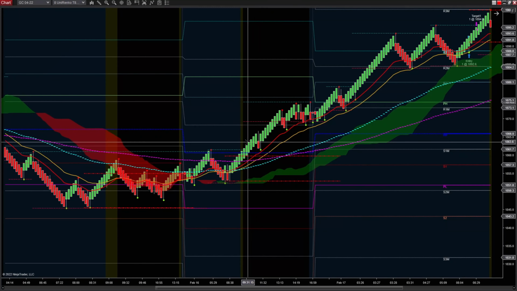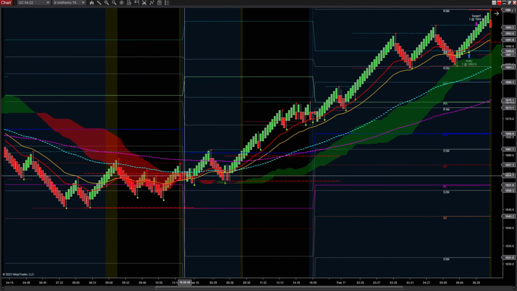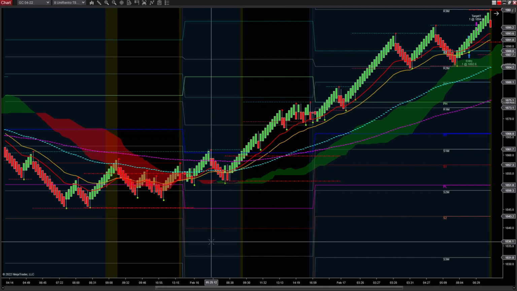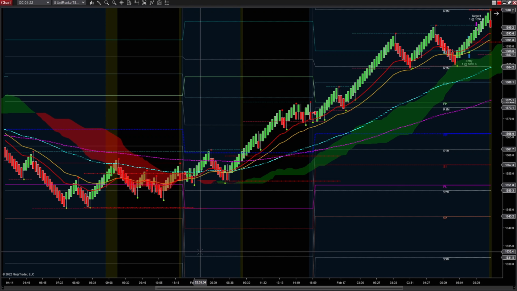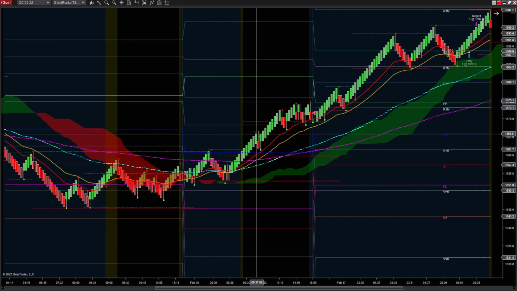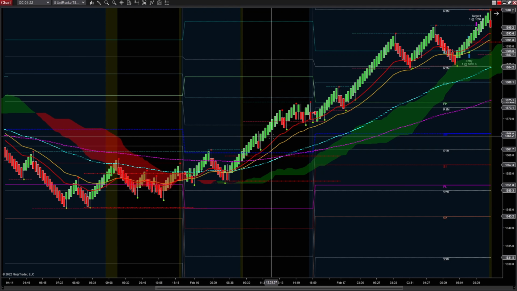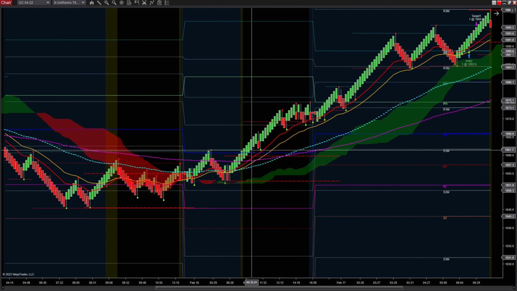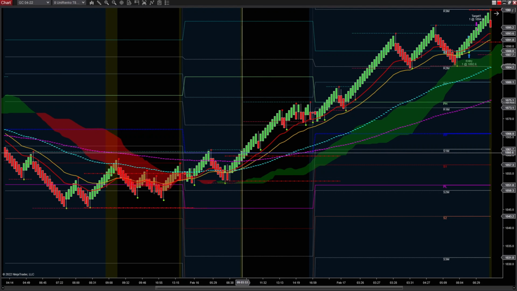Wednesday actually was good. I did not take any trade on Wednesday, so this one is here, February 16. Wednesday moved up, and the market was moving, but there are not that many bars in here, so the market was slow.